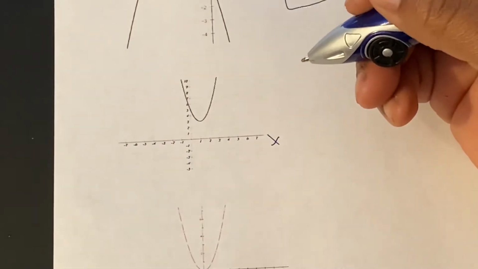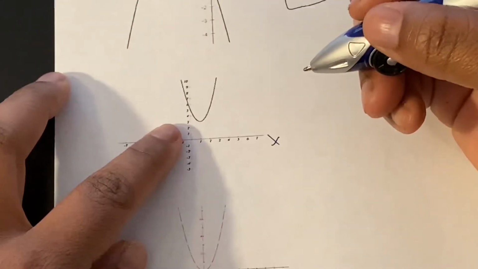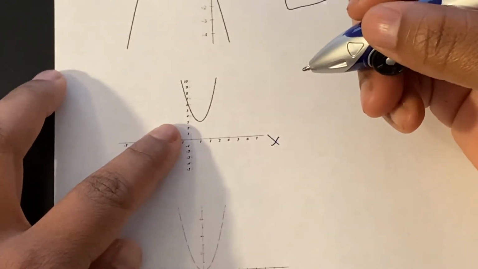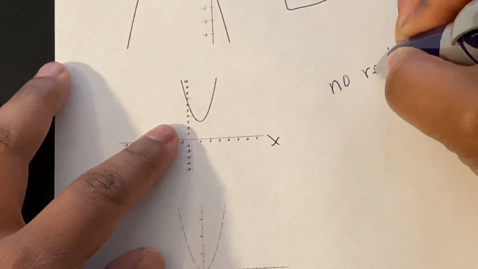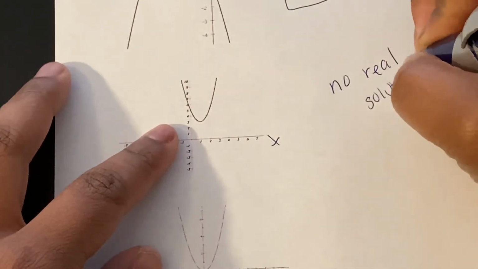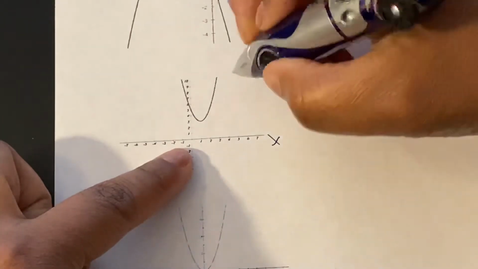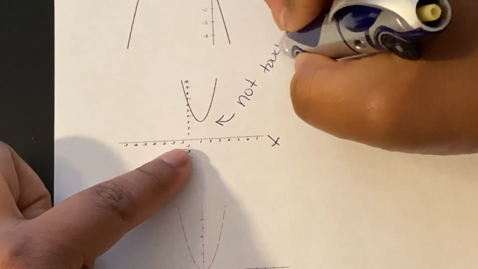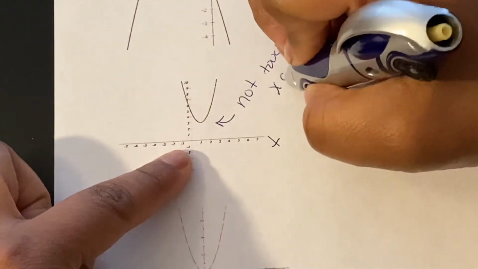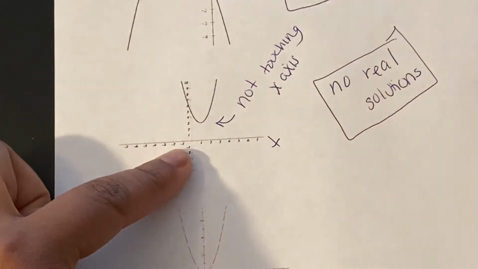So what we say here is not that there aren't any solutions, because once you get further into algebra, like Algebra 2, you realize that there are solutions, but there are no real solutions. So if the graph is not touching the x-axis, we say there's no real solutions.